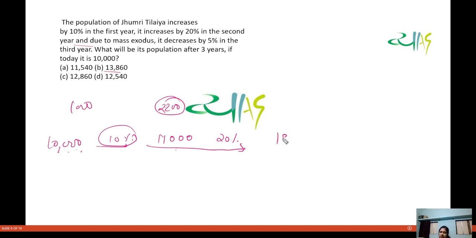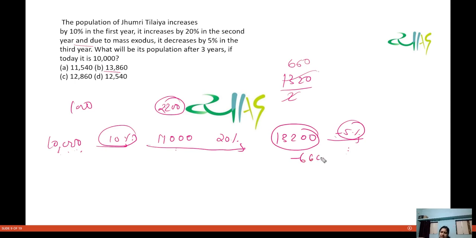So that would have become 13200. And इसका 5% decrease. इसका 5% कितना है? तो इसका 10% is 1320. तो इसका 5% is 660. Okay, so just subtract 660 from here. So this will become 12540.